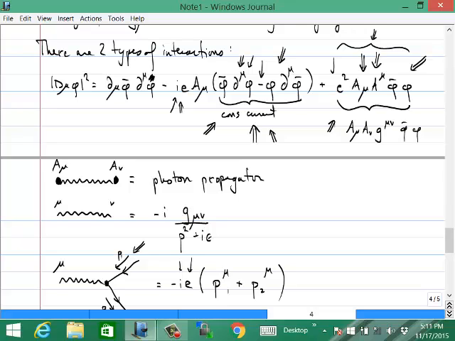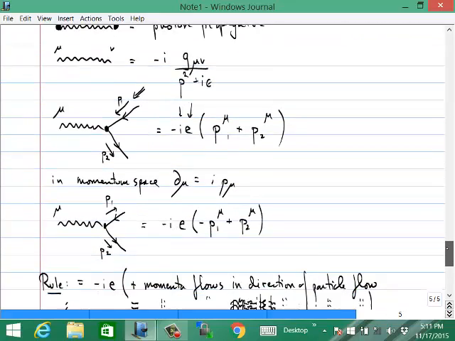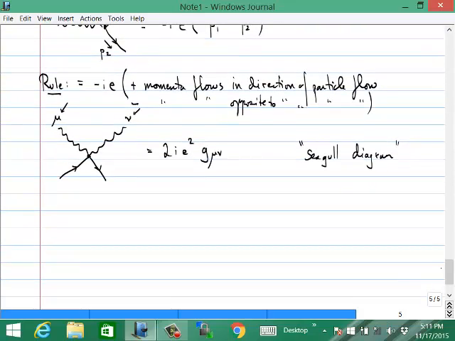Okay. Now, there's one final thing which we need to keep track of when we study scattering in electrodynamics, which is we need to remember that if you're studying a scattering process involving photons, we have to remember that photons have polarizations.